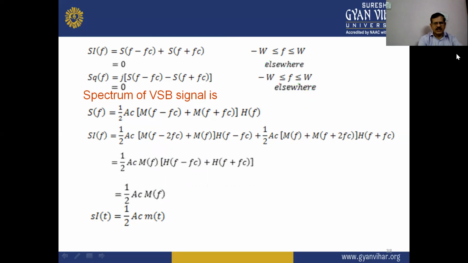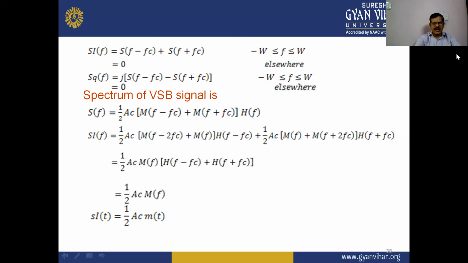And S_Q(f) equals j times S(f minus f_c) minus S(f plus f_c), if f is less than or equal to W and greater than or equal to minus W, otherwise 0.